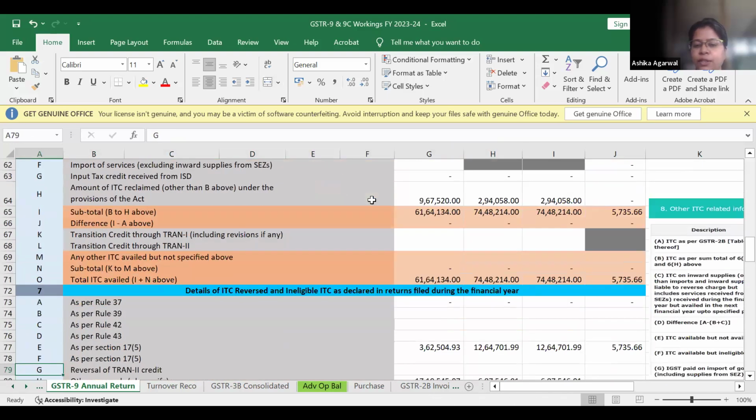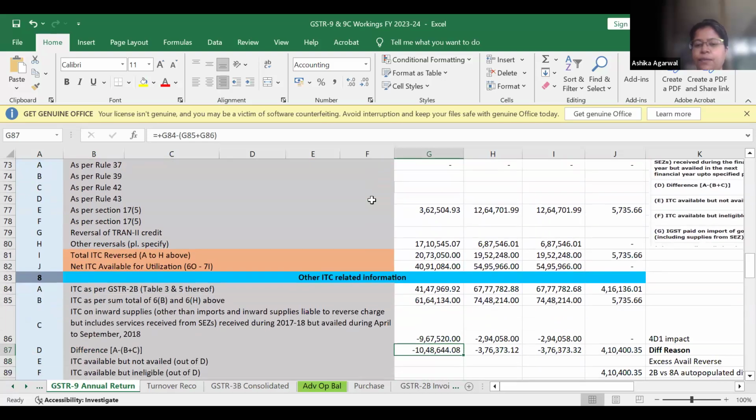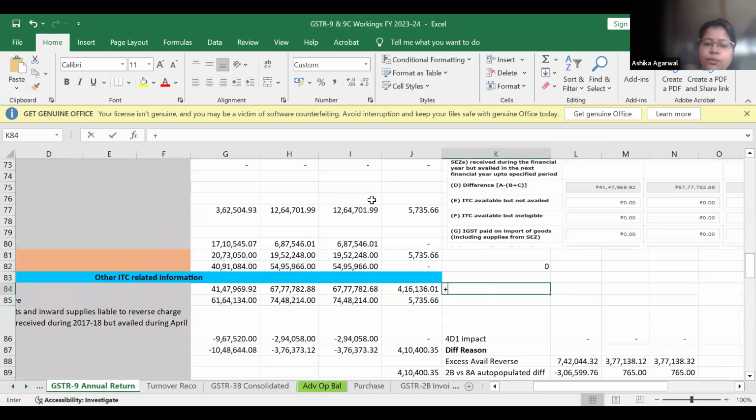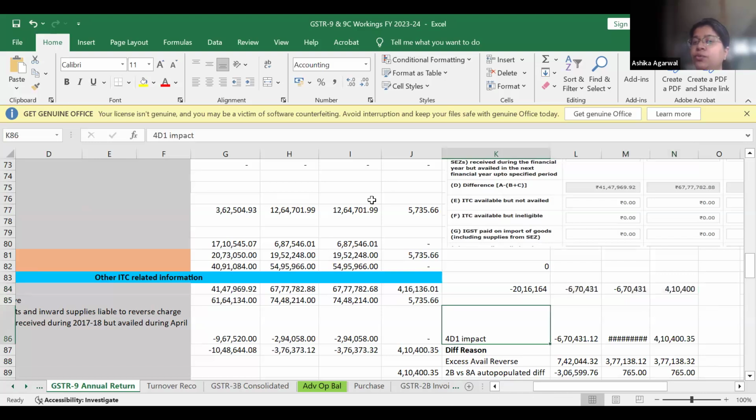Now on adding these two, this data is auto-populated and the difference is identified. Now the difference, which you will see, is coming in negative for all heads of ITC, and this is due to 4D1, because my ITC in 4A5 is inflated by table 4D1.